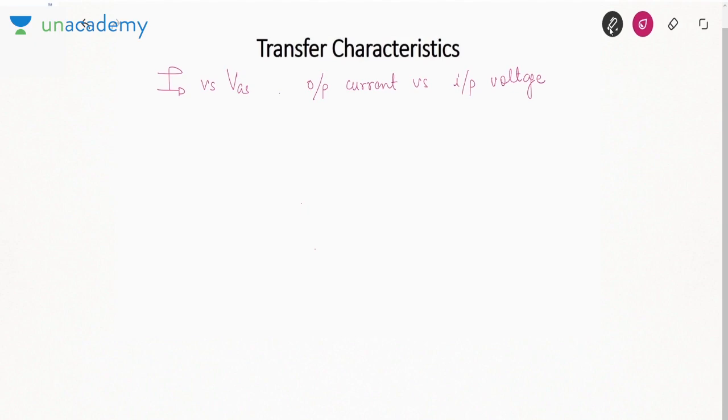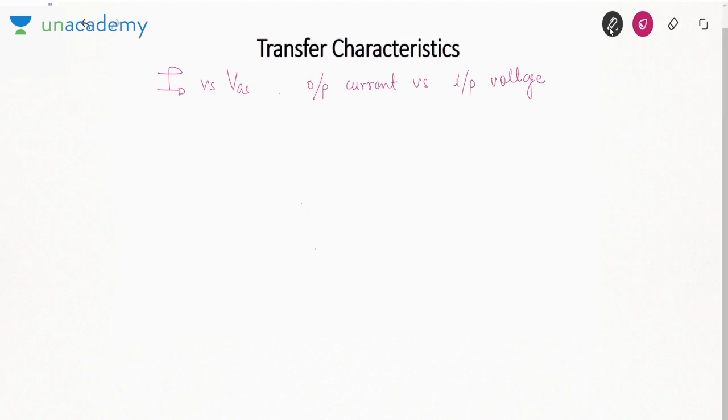Here mainly we don't talk about the input characteristics. Why? Because the input or the gate region is reverse biased, so input current is 0. If input current is 0, the input characteristics cannot be plotted. So in FET we won't plot the input characteristic, we will only talk about output characteristic and the transfer characteristic.